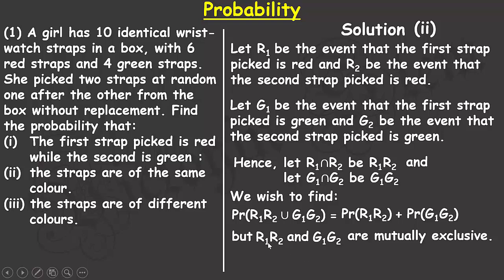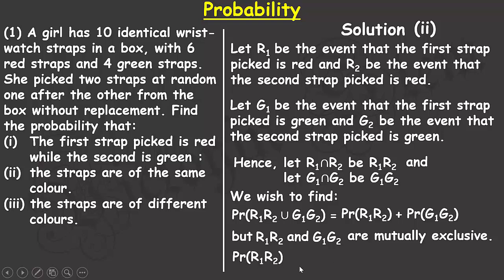So it's either a red and a red without green, or a green and a green without a red and a red. Both events are said to be mutually exclusive, in the sense that the intersection between them is an empty set.